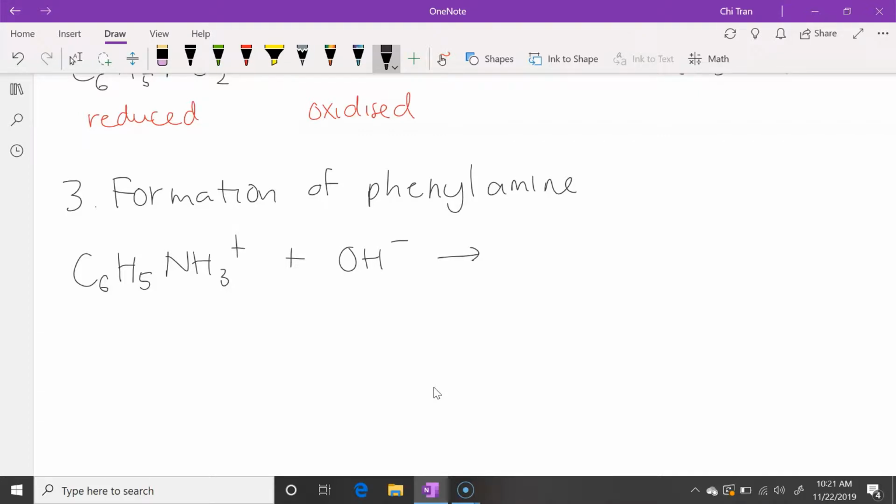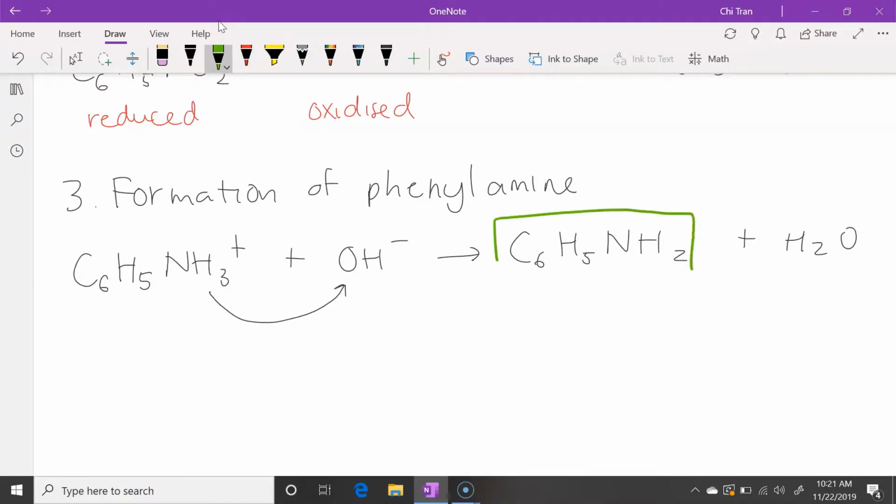And so one of the H in the reduced nitrobenzene will be donated to the OH-, which is a base, so it accepts a proton, and as a result we get C6H5NH2 and water. And so this C6H5NH2 here is our final product of phenylamine, or also known as aniline, and you can see that name pop up sometimes in the test as well.